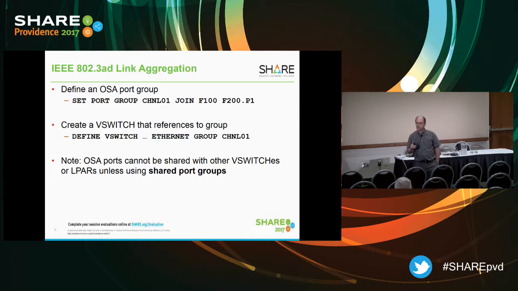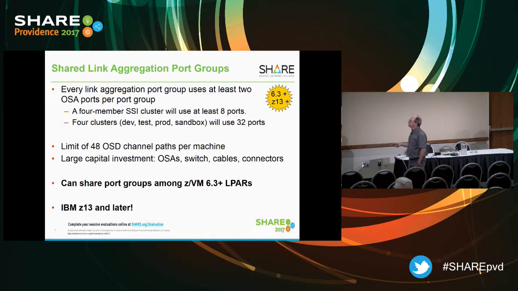There's a very specific case where you can share it, but you're not going to share it with z/OS, a Linux LPAR, or a Linux virtual machine. This is something that's running link aggregation control protocol, and anything that's not doing that can't use it. So we do have something called shared port groups, very specific.